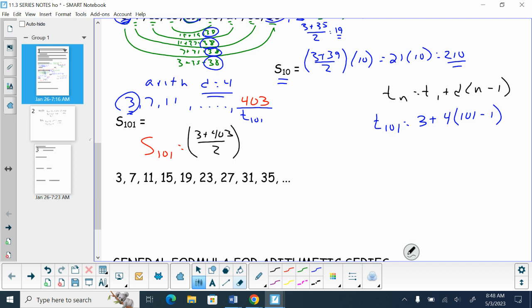My first and last term will turn into this average, my second and second last term will turn into this average, third and third last term will turn into this average. All my terms will turn into this average number. So how many of these will we have? We will have 101 of them. So we have 406 over 2, 203, times 101. Jade, what do you come up with? 20,503.